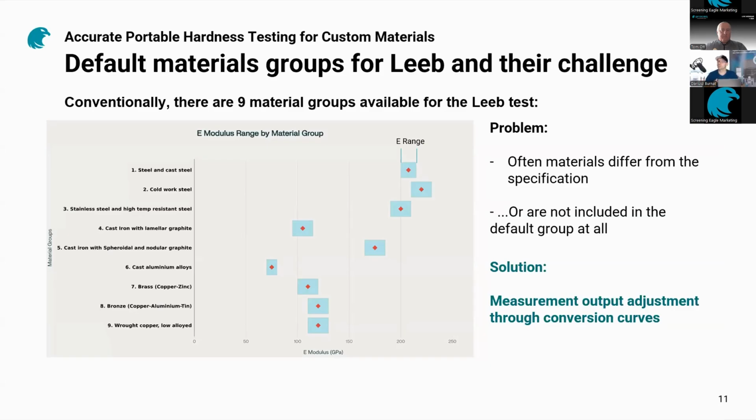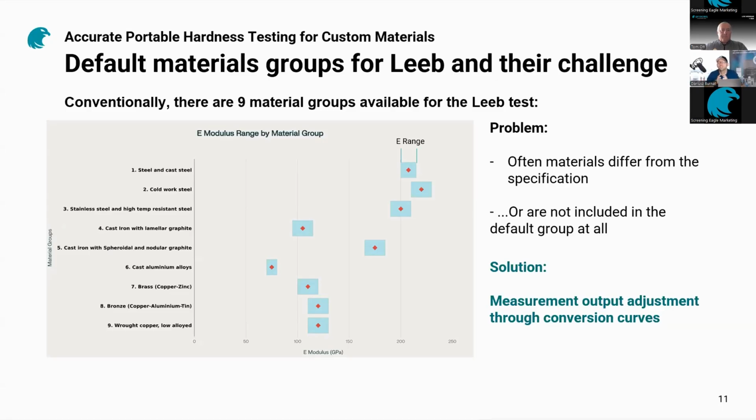So the very first conclusion you might have from there, so the average value, which you see represented by the red dot, has already a range. So that's one very important thing to remember. The second one is quite often, although not always, the material you're working with is a little bit away from those default materials.